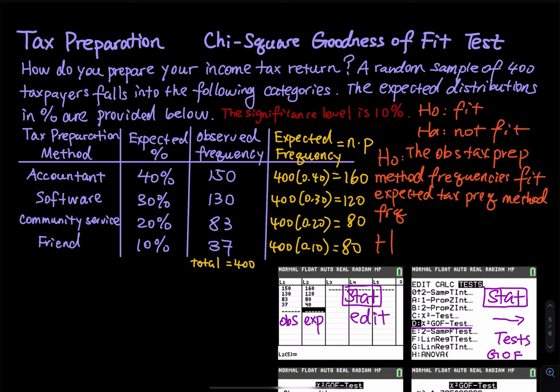So let's just do the writing. And then the HA, all you have to do is copy the whole sentence, except you change the fit to not fit. All right, that is the alternative hypothesis.